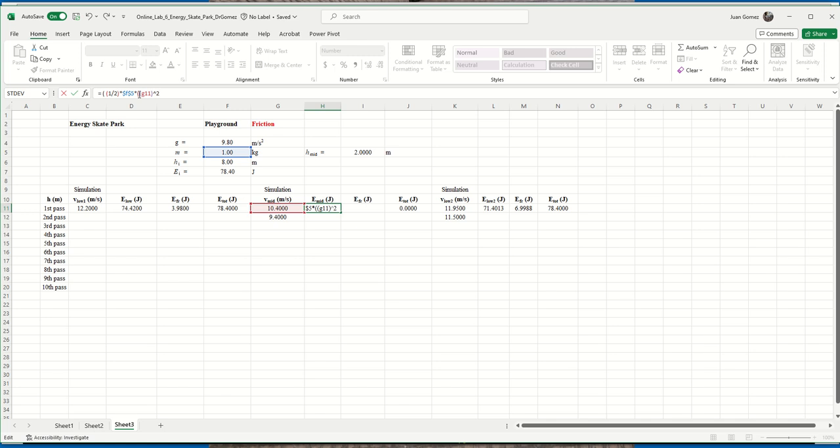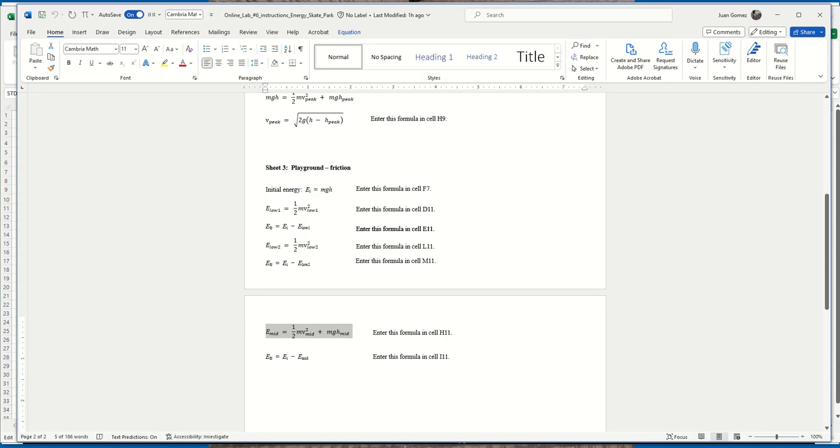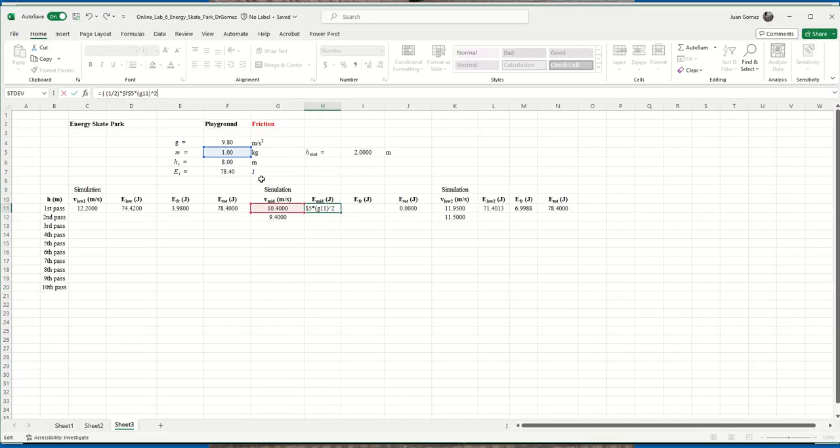I've got an extra parenthesis right there. So now I have 1/2 m G11, that's v squared, okay. Then remember I have to do plus mg h mid. So I have to do plus, again, $F$5, that's m, times $F$4, that's my g, that's mg.